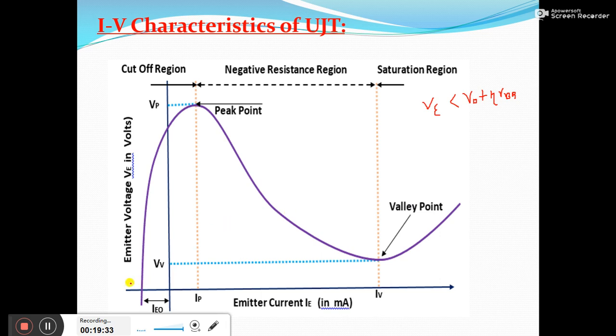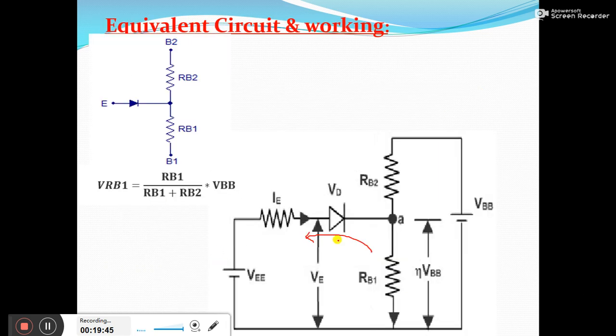That's why you can see the current here. As the V value goes on increasing, the reverse current goes on decreasing.